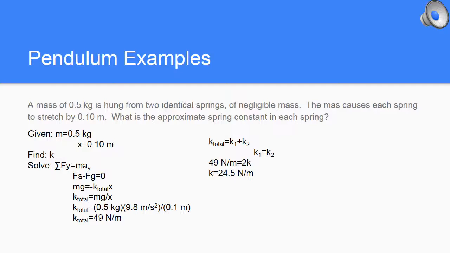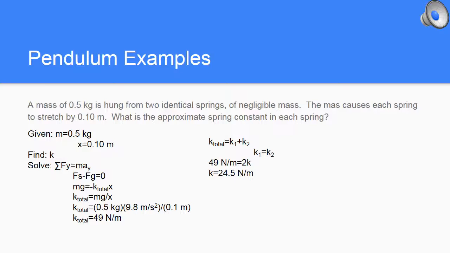And so we're going to be solving for the total spring constant of both springs. So we're going to have positive total spring constant equals mass times gravity over the displacement. So after plugging in our givens, we are going to have that the total spring constant equals 49 newtons per meter.